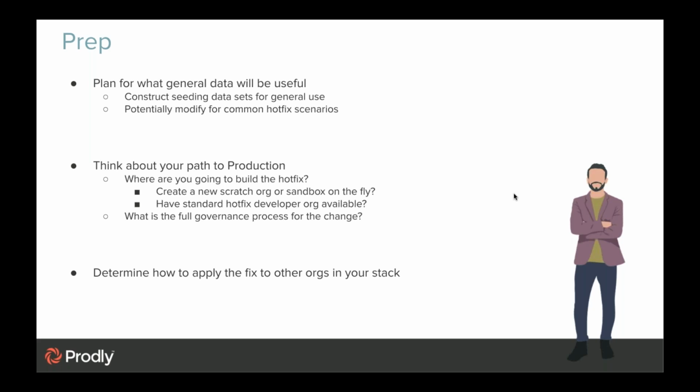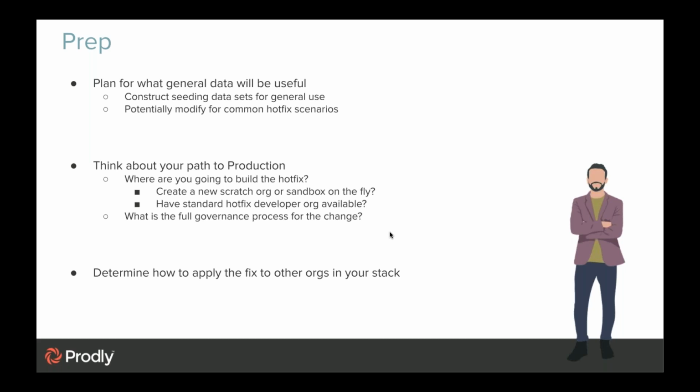When you're thinking about the path back up to production, about how we are going to actually build the hotfix, do you want to use scratch orgs? Do you want to just rely on spinning up the sandbox on the fly? How can we be effective with those things?